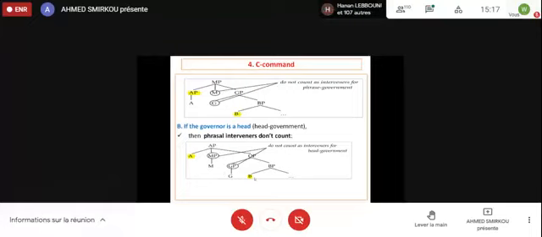Remember the definition of government. A does not govern B if there is a node here which is circumvented by A. So here M and G are circumvented by A. So far, we don't have government, but the problem is in the second part of the definition.